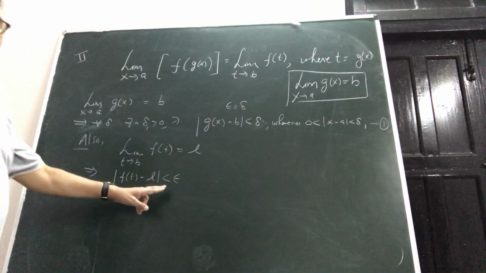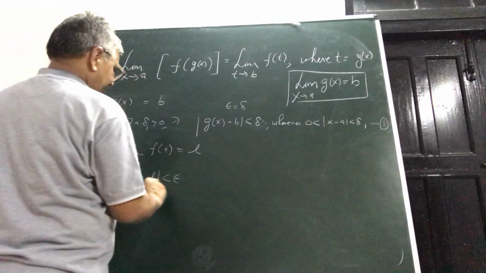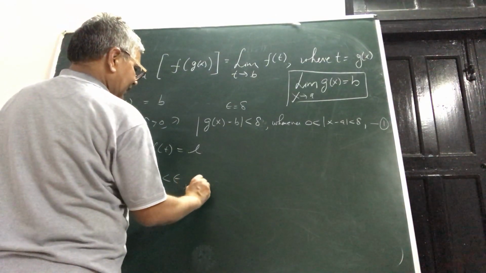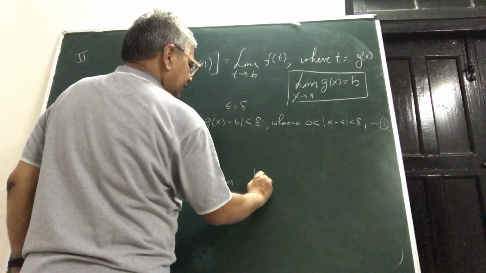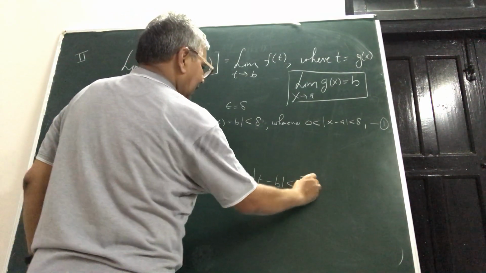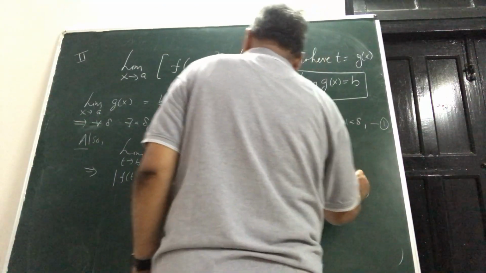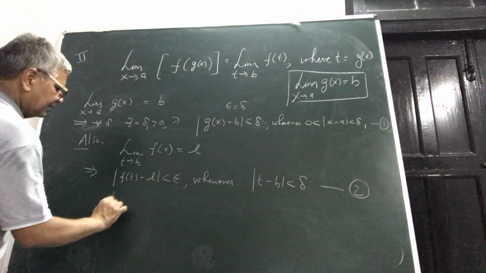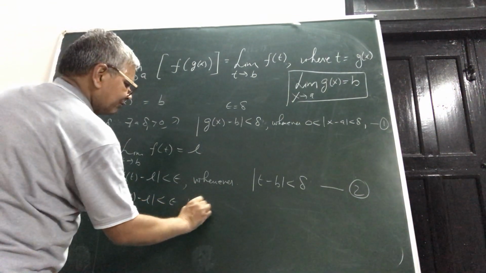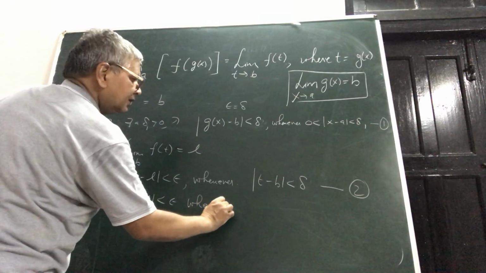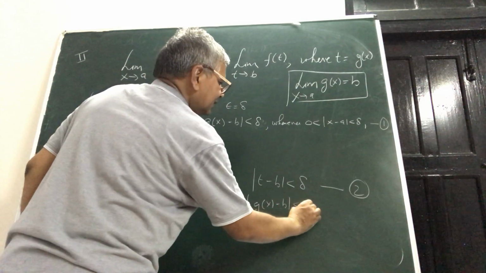So for this epsilon there will exist a delta greater than 0 such that mod f(t) minus L is less than epsilon whenever mod t minus b is less than delta. Now put the value of t here, so what I get is mod f(g(x)) minus L is less than epsilon whenever mod g(x) minus b is less than delta.